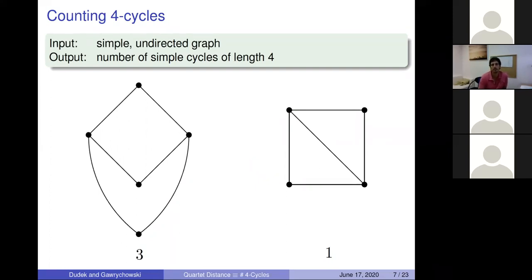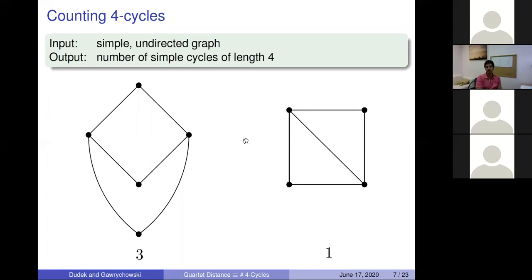It's a simple and undirected graph, and you want to count simple cycles of length 4 in the graph. Just an example, for the graph on the left, you have 3 cycles because you can go around the square, or you can go around everything, or you can go like that. So it's 3. And for the graph on the right, the answer is 1. There are just 4 nodes. There is not much you can do.